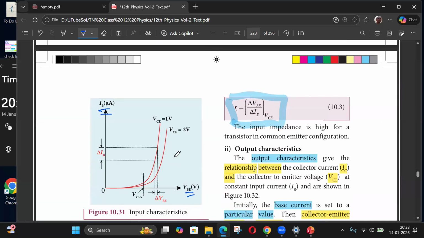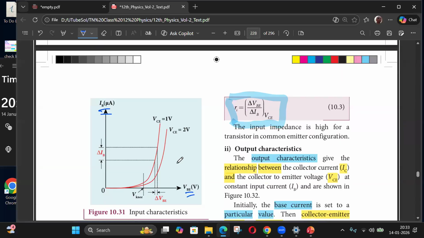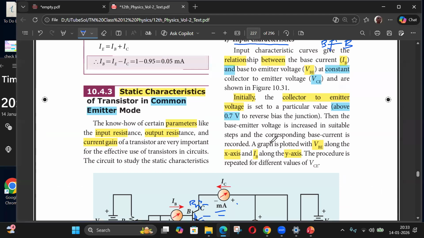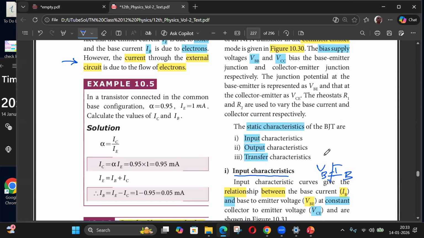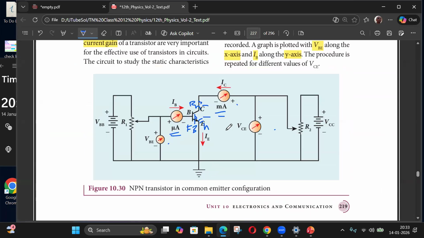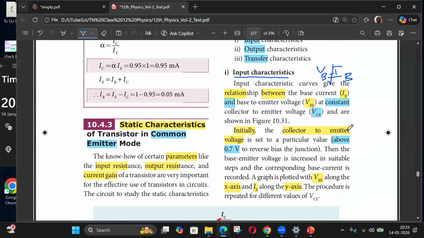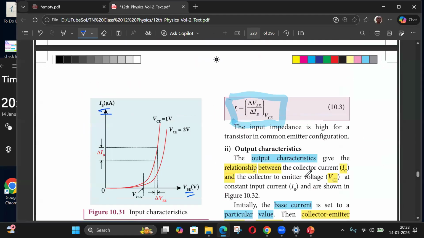So this is the input characteristics, which will be like a forward biased diode. On the output side, the current is IC and the voltage is between C and E, so the output characteristics are IC versus VCE, because in the common emitter configuration the emitter is common and the collector is on the output side.